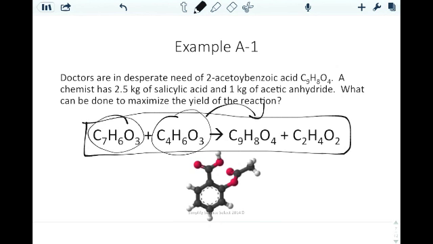And use a catalyst to speed it up. And then make sure that we have a good method of removing the product after the reaction has occurred. So we have to be able to get it out of solution and actually recover the product. Those are just some things the doctors can do to speed up the reaction, get closer to 100% and be more efficient.